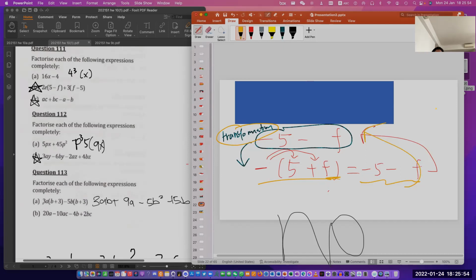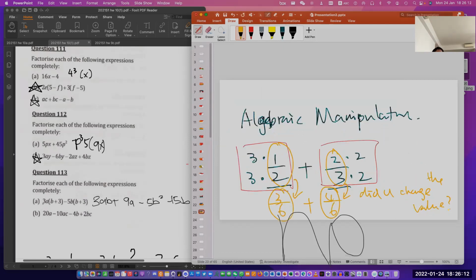If you can get back the original, this means transformation without changing the value. Similarly, this one here is transformation without changing the value. Similarly, this is also transformation without changing the value. All right, are you clear? Very good.